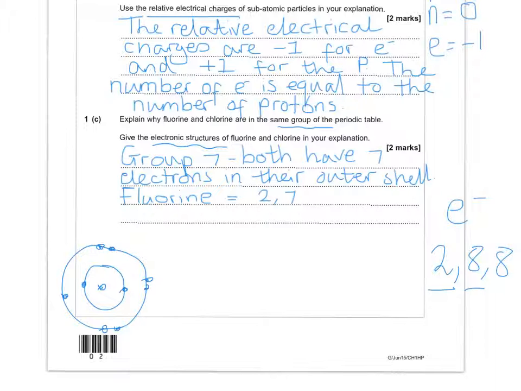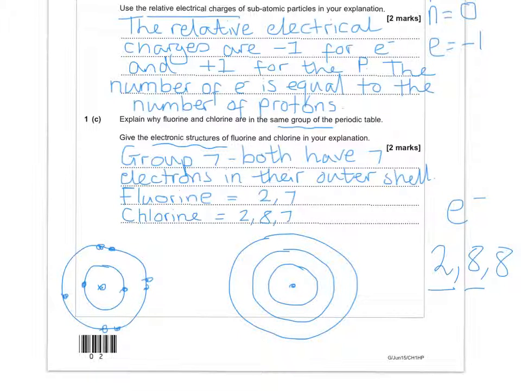Chlorine has got 17 electrons, so its structure will be 2, 8, 7. If we were to draw chlorine, we'd have 2 on the inner shell, then 8 on the second one, and then again we have 7 in its outer shell.